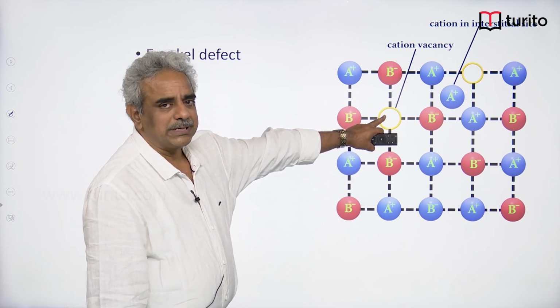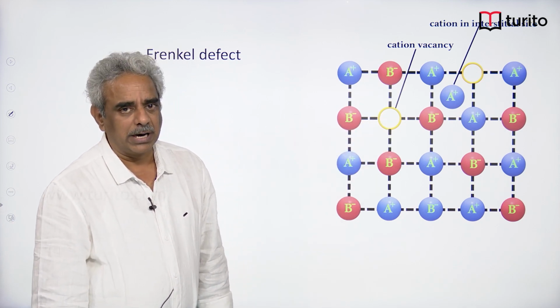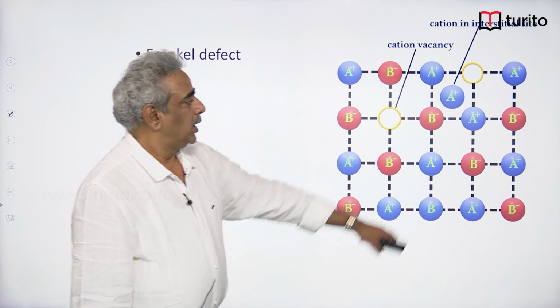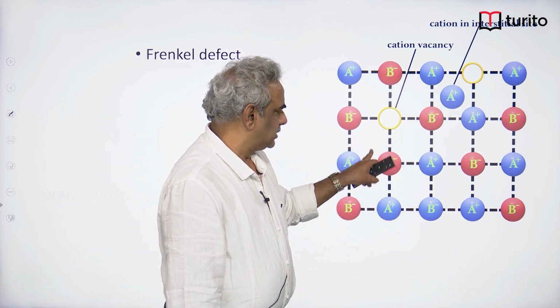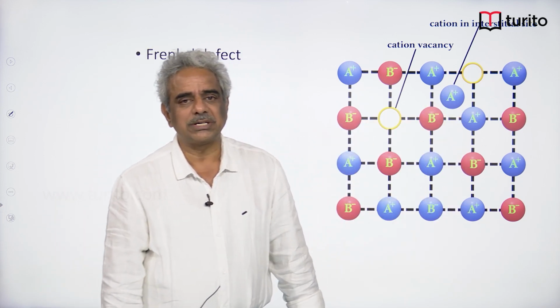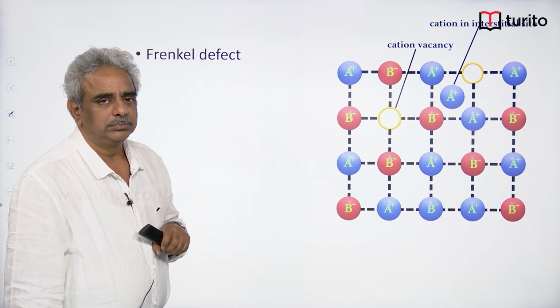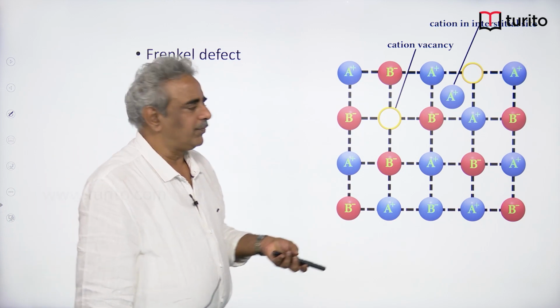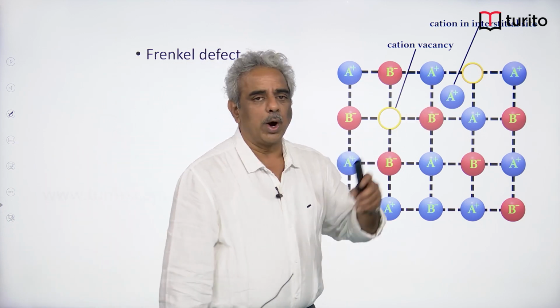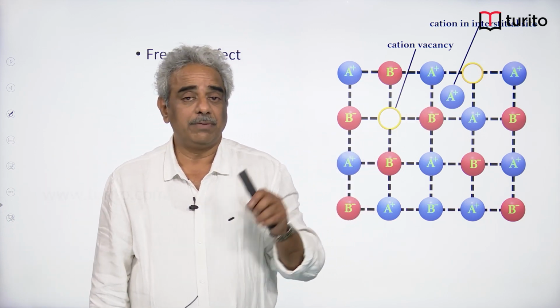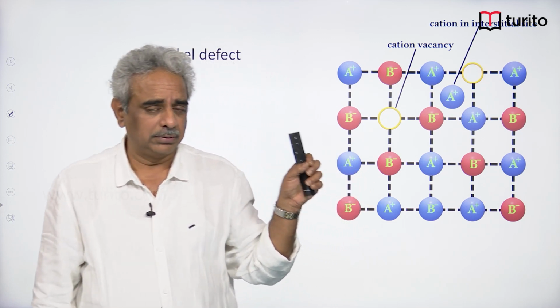See, here it is missing, so it is a point defect, lattice point defect. Here, actually see the other places, it is an interstitial site, in that interstitial site there is an ion. So, it is an interstitial defect as well as a point defect. Be very clear about Schottky and Frenkel.